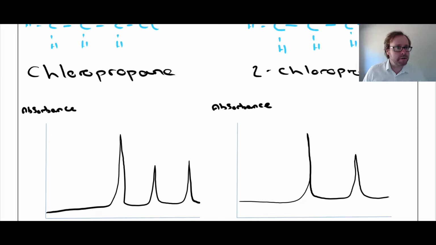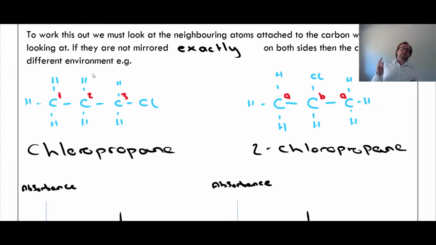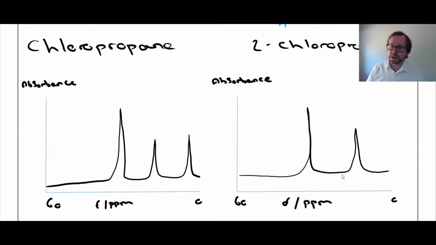Okay, so I've done a very bad drawing, but it's going to have something that looks like this. So we know that chloropropane will have 3 different carbon environments, 3 peaks, whereas 2-chloropropane will only have 2 peaks because there's only 2 different carbon environments.